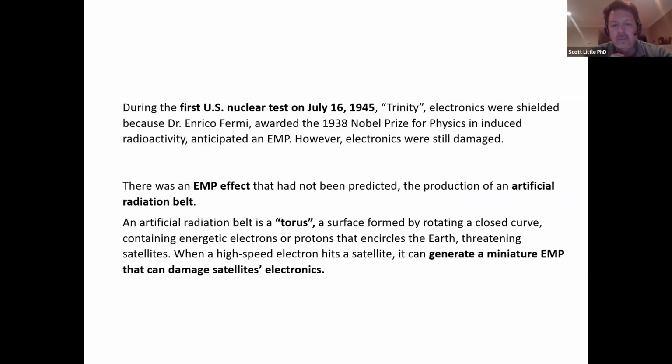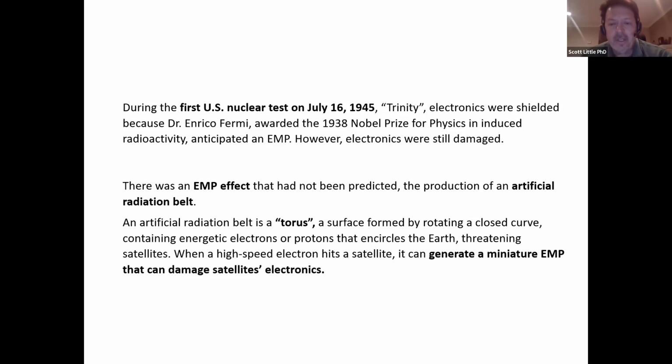He was also a Nobel Prize recipient for coming up with induced radioactivity, and he actually predicted that they would have an electromagnetic pulse when they detonated the first nuclear bomb. Even though they did some shielding, some of the electronics were still damaged.